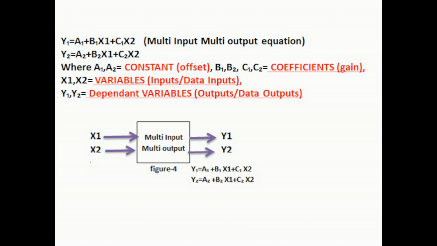See figure 4. In this figure, x1, x2 are two inputs, y1, y2 are two outputs. y1 depends on x1, x2, y2 depends on x1, x2.